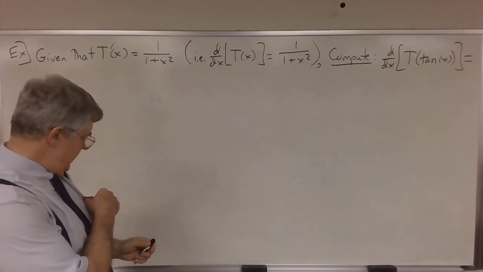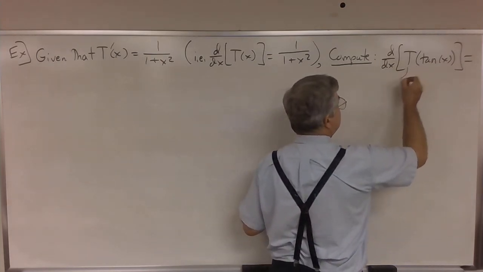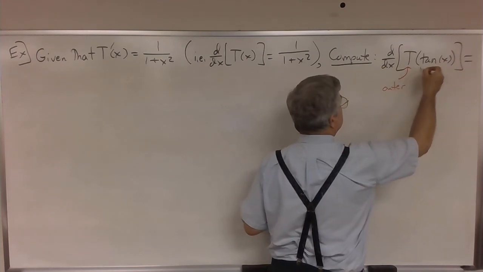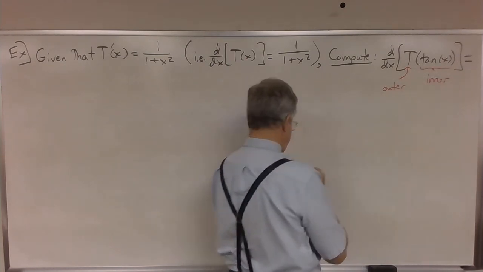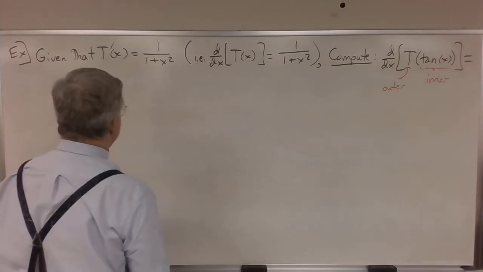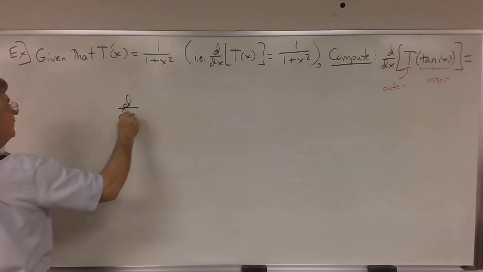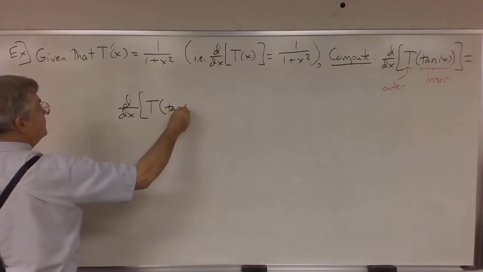The fact of the matter is that we're computing the derivative of a composite function, and capital T is the outer function, and tangent of x is the inner function. So this is what we're looking at: the derivative of T evaluated at tangent of x.